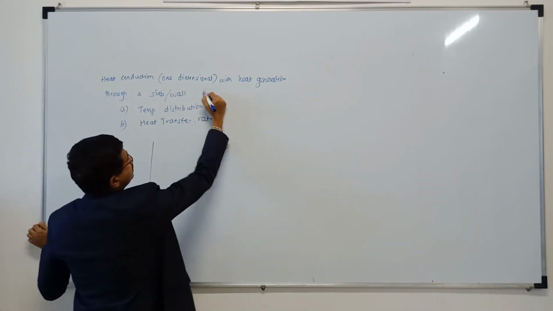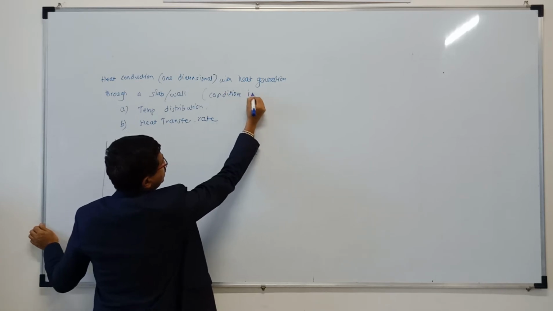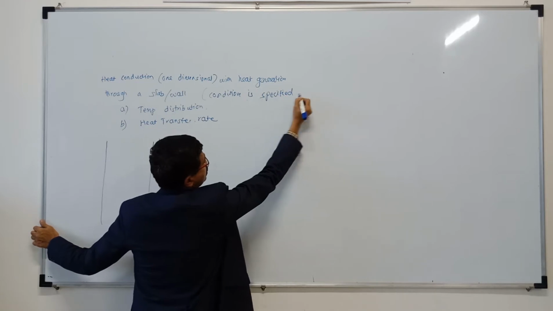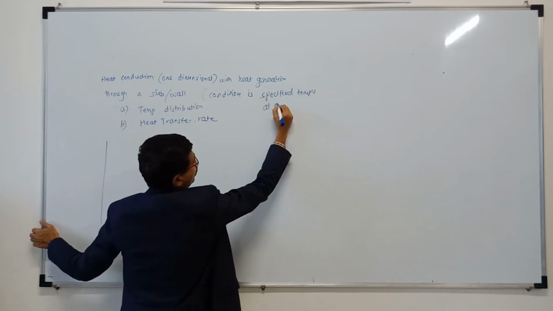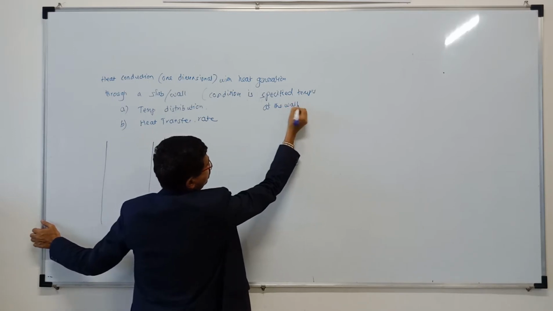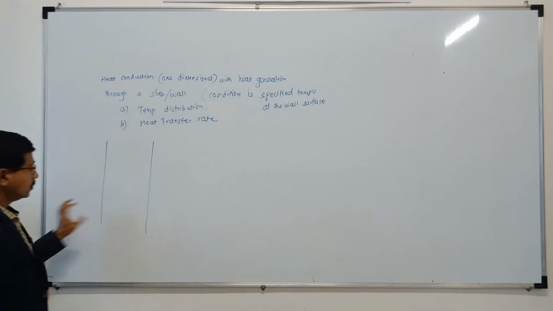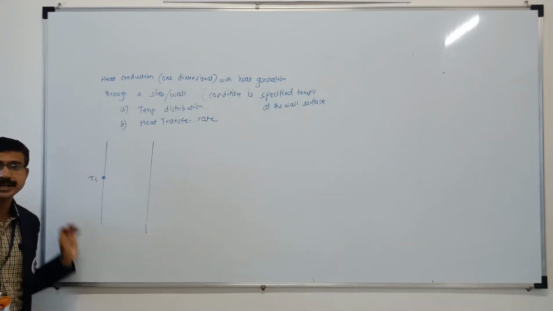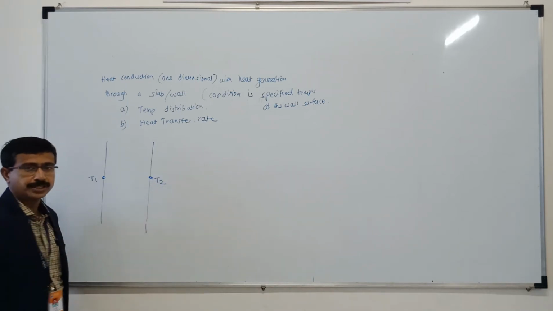Now the condition is, here I am putting the first condition. Condition is specified temperatures at the wall surface. So this is the wall and let us say left surface of the wall is maintained at temperature T1, right surface of the wall is maintained at temperature T2.